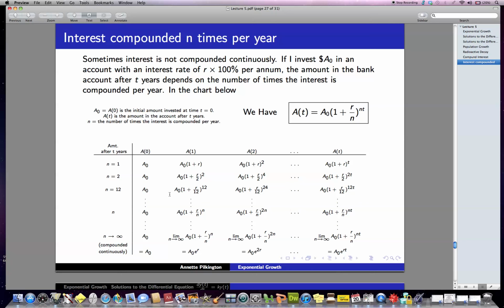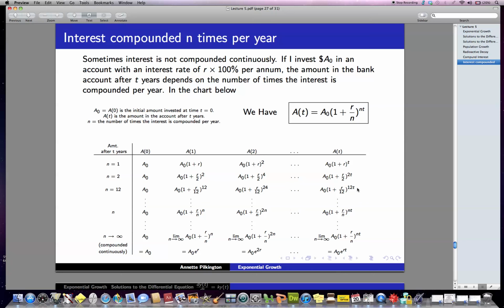And then at the end of 1 year, I have A0, my initial amount, times 1 plus the interest rate over 12 to the power of 12 in my account. After t years, I have that initial amount times 1 plus r over 12 to the power of 12t in my account.